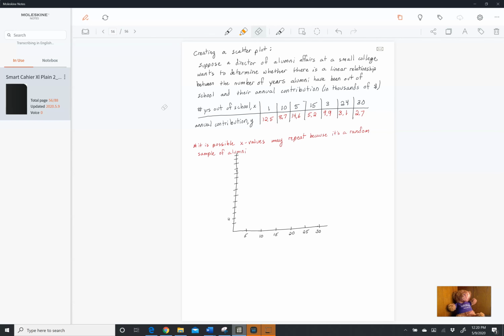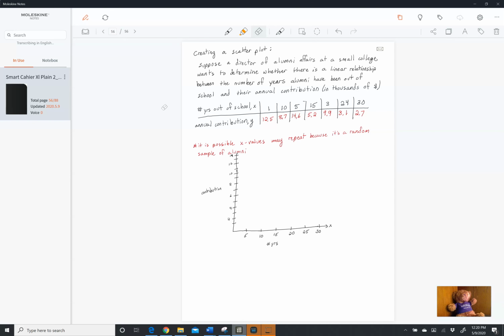So this is 2, 4, 6, 8, 10, 12, 14. It should be okay. Okay, here's our X. So this is number of years out of school. This is contribution. And now we're just plotting our data points.